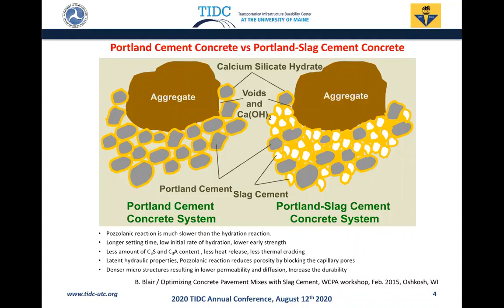We know that pozzolanic reaction is much slower than hydration, with longer setting time and less C3S and C2S. It means less heat of hydration and less thermal cracking. Also, using pozzolanic reaction, in this case slag, we will have a denser microstructure.